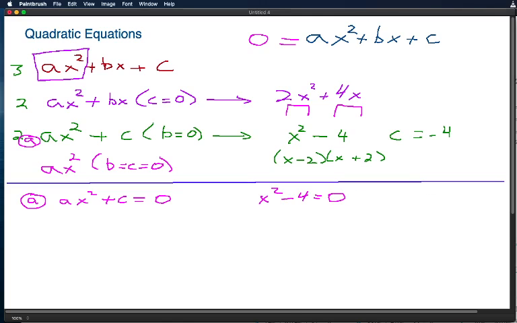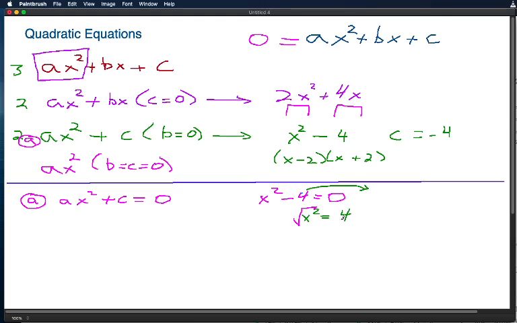And now we want to solve this. We are going to use the same kind of rules that we've been learning and using for linear equations. First of all, I'm going to put negative 4 on this other side so the x squared is isolated. So I have 4. Now I want to eliminate the square on the x squared.